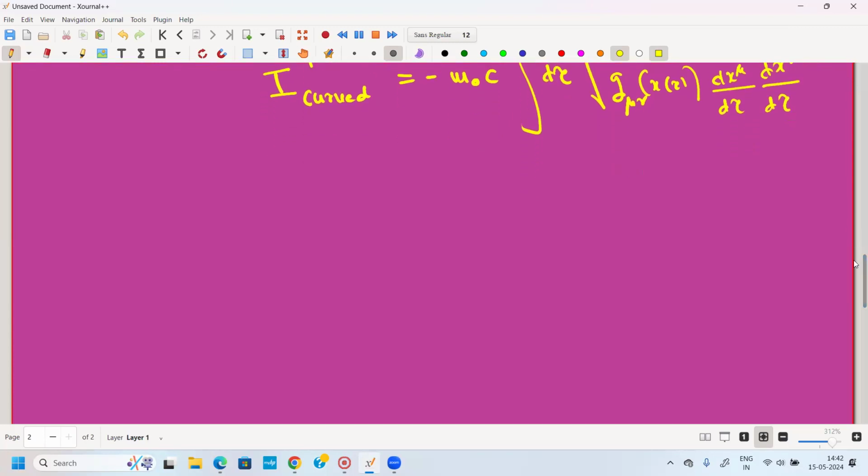Now the energy momentum tensor is defined in a covariant fashion. This is the definition of the energy momentum tensor.